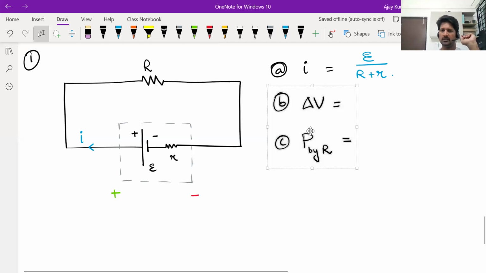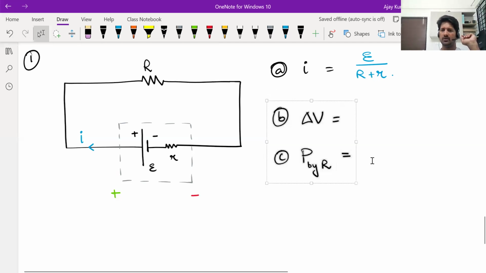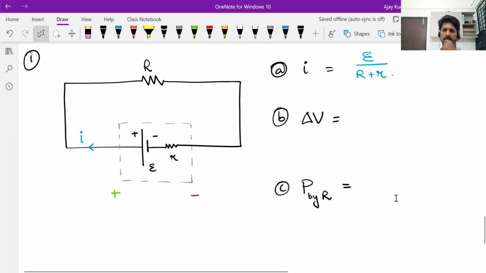Okay. Shashank, tell me, what is the terminal voltage across the cell? Epsilon minus Ir. E minus Ir, you substitute that value of I. Terminal voltage is the actual voltage that you see across the terminals of the cell, across the ends of the cell.